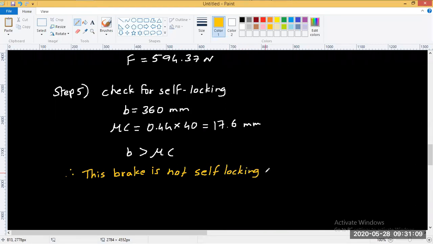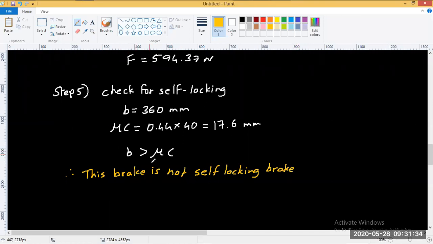And the question, I remember, they had given: check whether the brake is self-locking. So you can just say it is not a self-locking brake. Although sometimes it will be asked in the question when this particular brake will be self-locking.